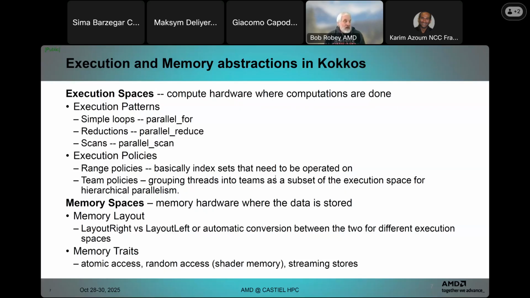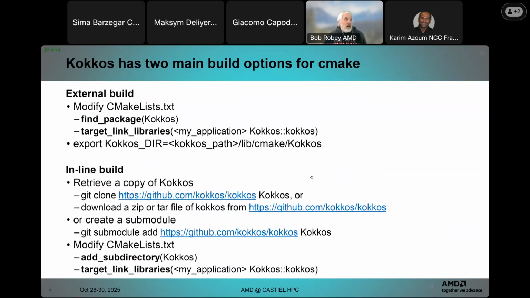And then one of the particular things that Kokkos does is switch or have layout right and layout left. And it actually does a conversion between the two, going to the GPU unless you specify otherwise. And then there's also memory traits. These are special cases: atomics, random access, and streaming stores.